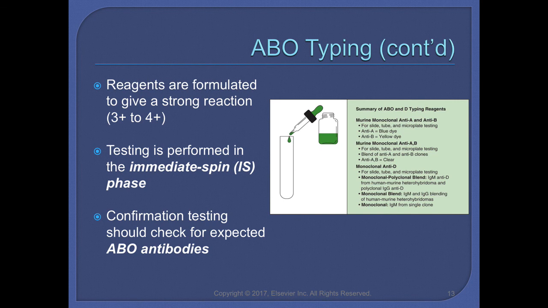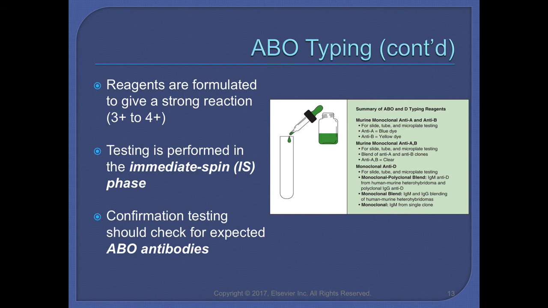When we do ABO typing, we are able to immediately see a reaction in the phase that is called immediate spin. So after we add our red cells and reagents in one tube, we can go ahead and spin it down and then read it right away. And that's what the immediate spin phase is.